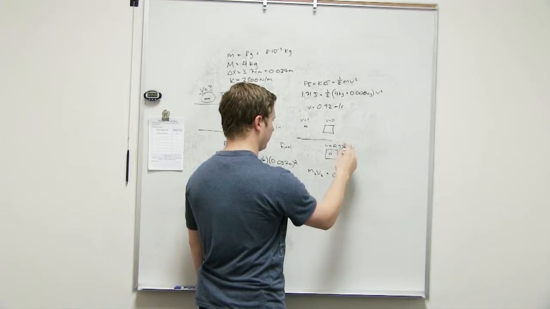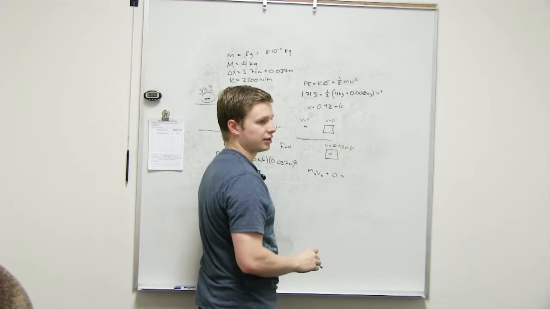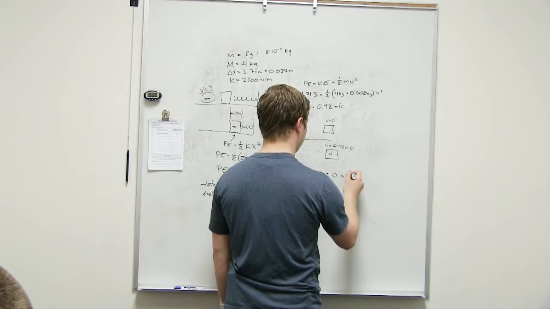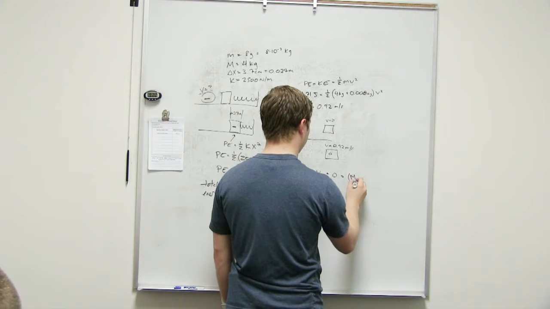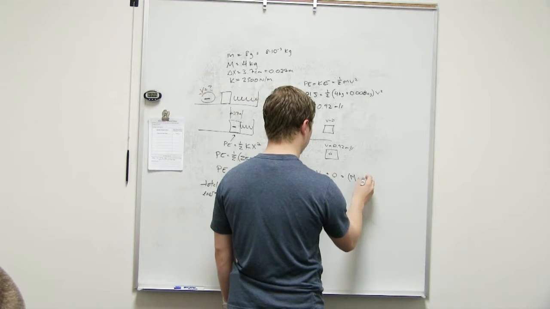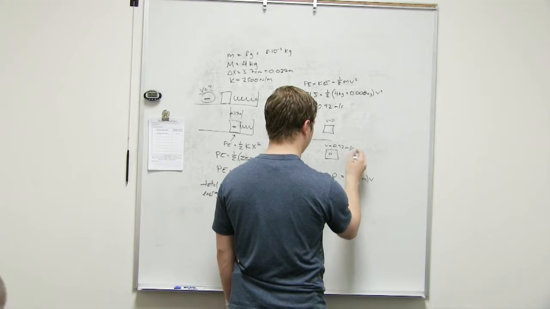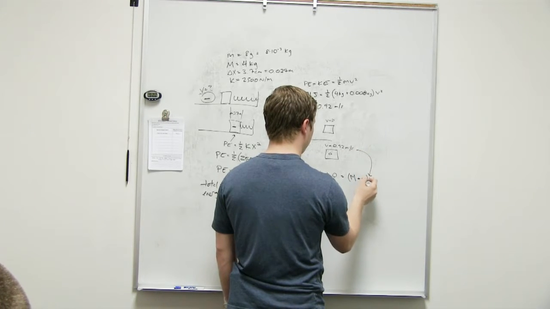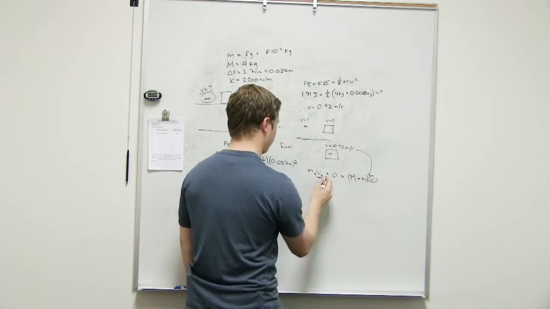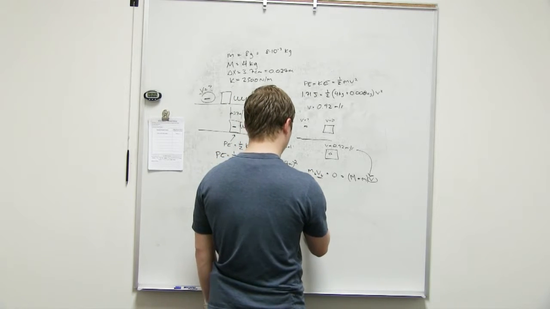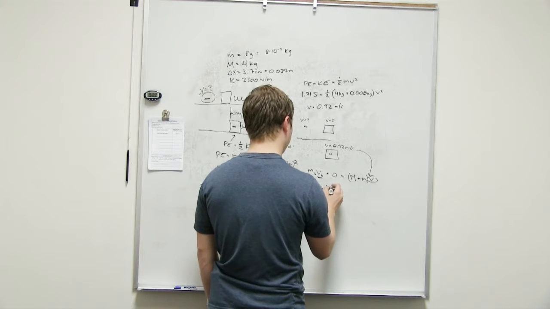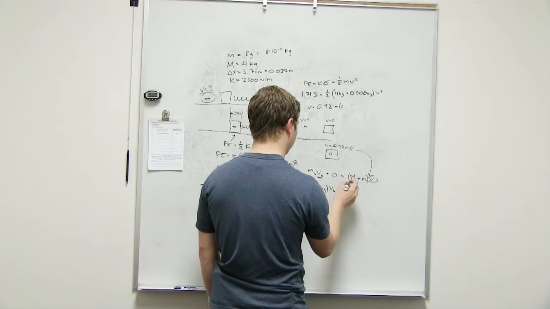And then finally, you'll notice they're together, so it's an inelastic equation or momentum. So we're going to use the mass of the block plus mass of the bullet times the velocity that we got here. So we're just going to try to solve for this now. So mass of the bullet was 0.008 kilograms times velocity of the bullet, that's what we're looking for.